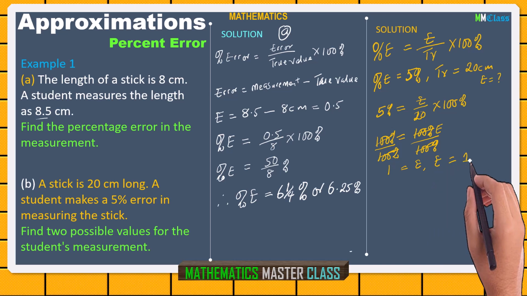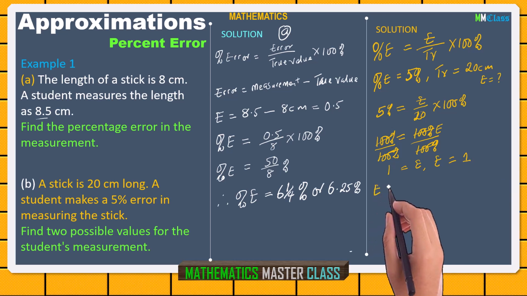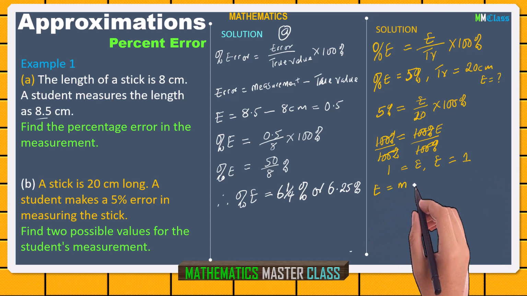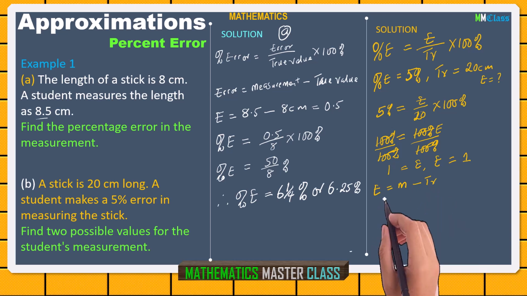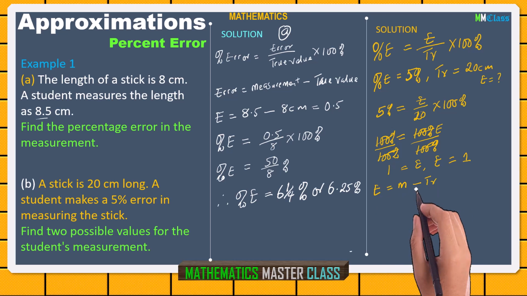Now since error is equals to 1, and we know that error itself is equals to measurement minus true value, we know our true value, we know our error, but we are looking for measurement.